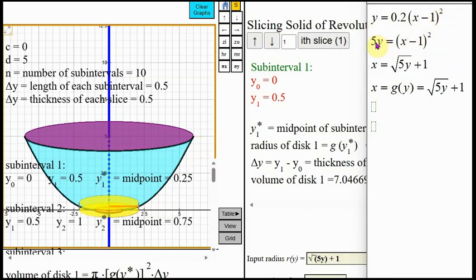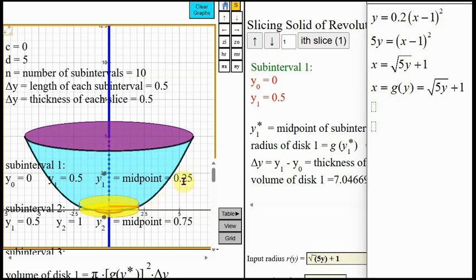Multiply both sides by 5. And so solving for x, and this is on the right side of the y-axis, so we only need a plus instead of plus and minus here. And so we get x equal to the square root of 5y plus 1. And then I'm going to write this as x is equal to g of y to indicate here that x is a function of y, or x depends on y.